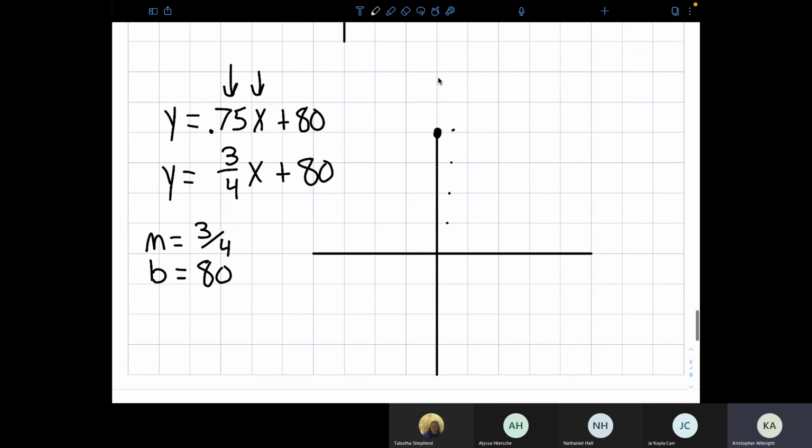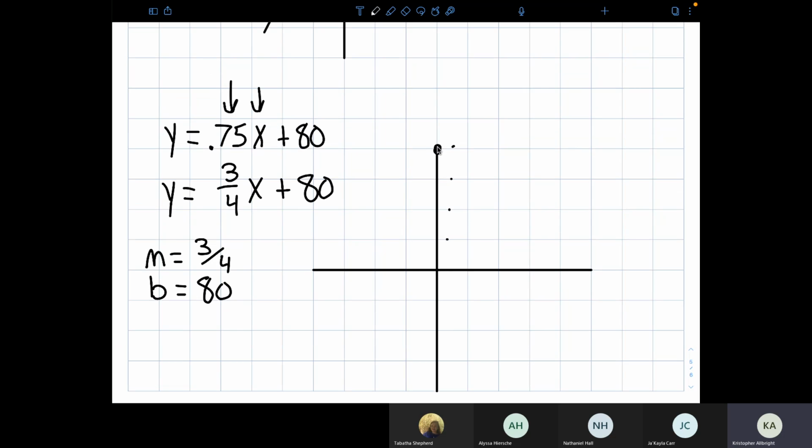I'm just going to extend this graph a little bit, just so I've got some room to work with. And then I'm going to label that over here, because if you don't label it, it just looks like you wrote 4 up, which isn't correct.